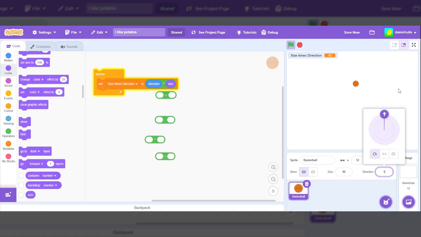It's already 48. Ta-da! So, these are the four basic operators. There's plus, minus, times, and divided by.